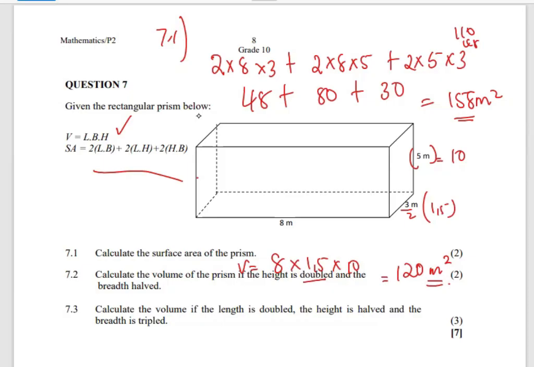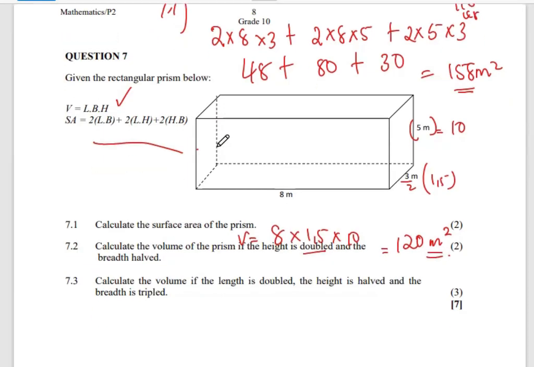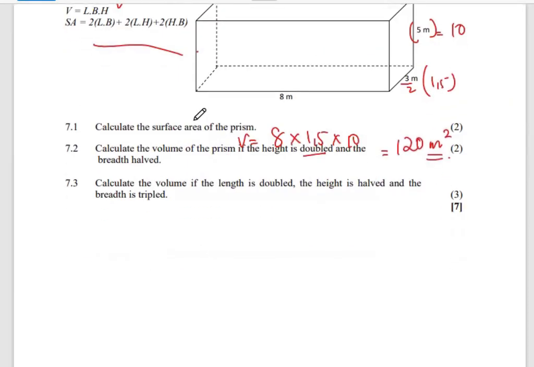Then we move on to 7.3. Calculate the volume if the length is doubled and the height is halved and the breadth is tripled. So if the length is doubled, meaning that we're going to have a 16. The height is halved, which is a 5/2, multiplied by the breadth, which is tripled.